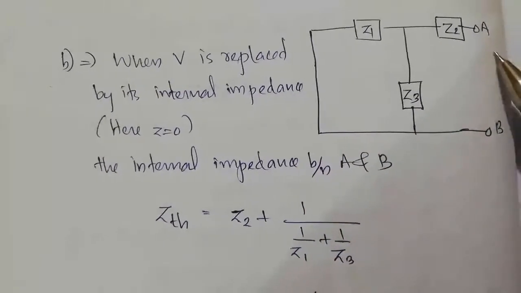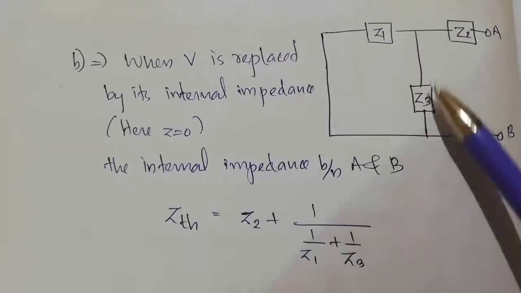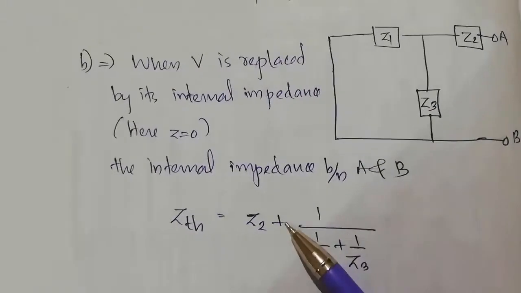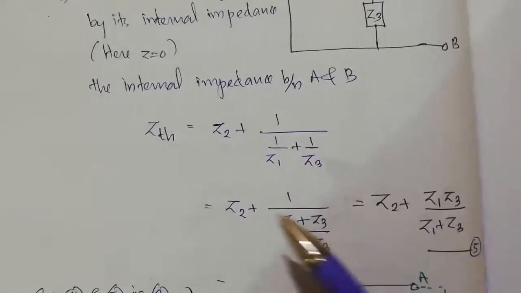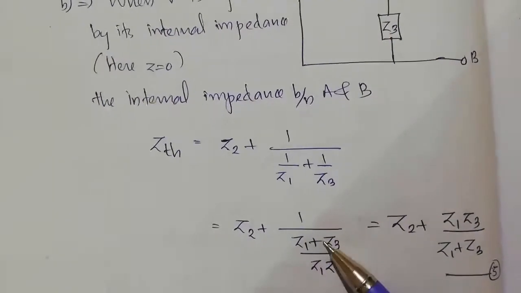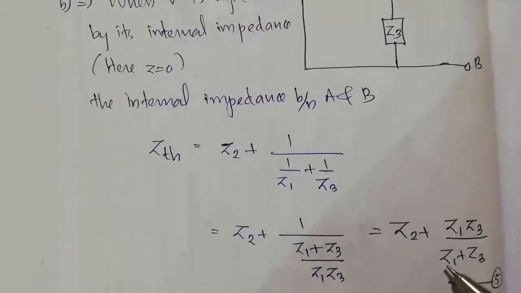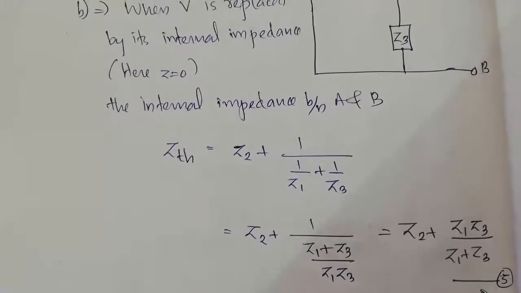So the internal impedance at the terminals can be calculated as here a parallel combination of Z1, Z3 and a series Z2. That is Z2 plus 1 by (1 by Z1 plus 1 by Z3). That is Z2 plus 1 by (Z1 plus Z3 by Z1 Z3). That is Z2 plus Z1 Z3 by Z1 plus Z3. Give it as equation number 5.